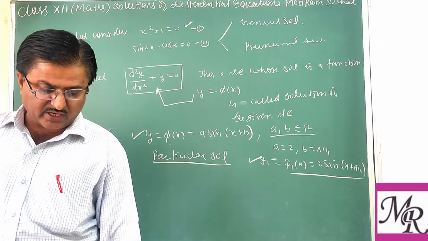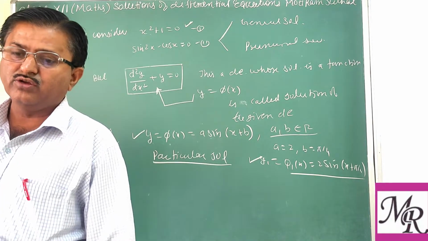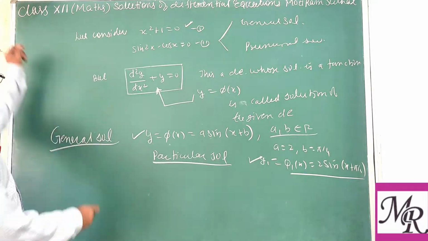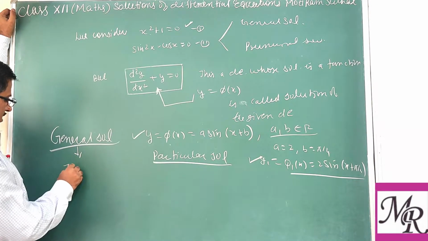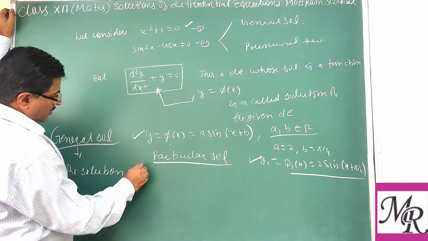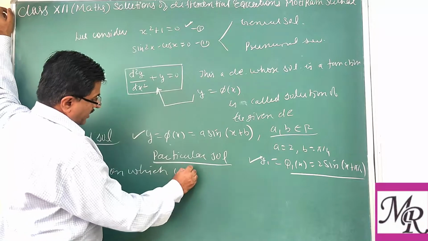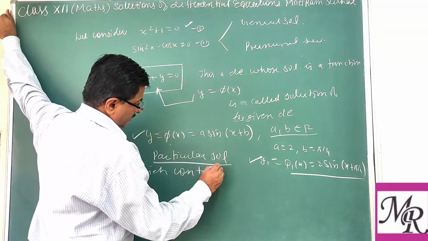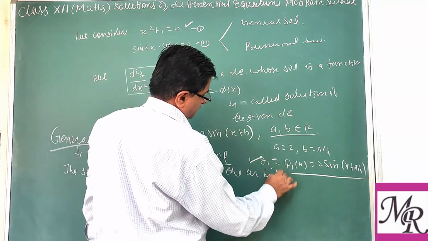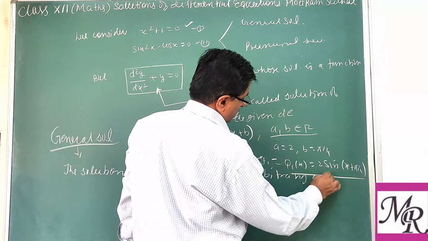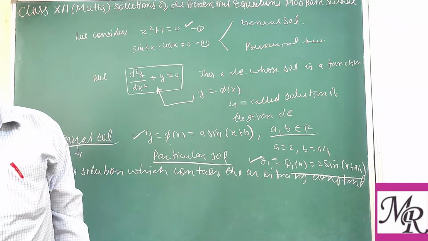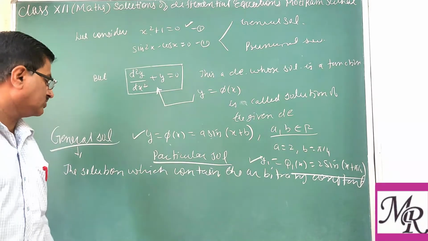The solution which contains the arbitrary constant, you may write the definition. The solution which contains the arbitrary constant is called the general solution.